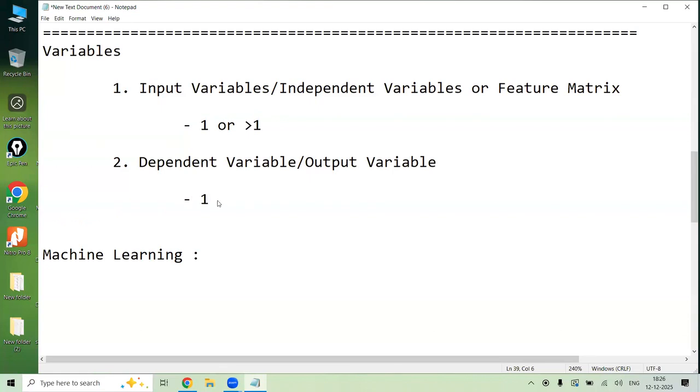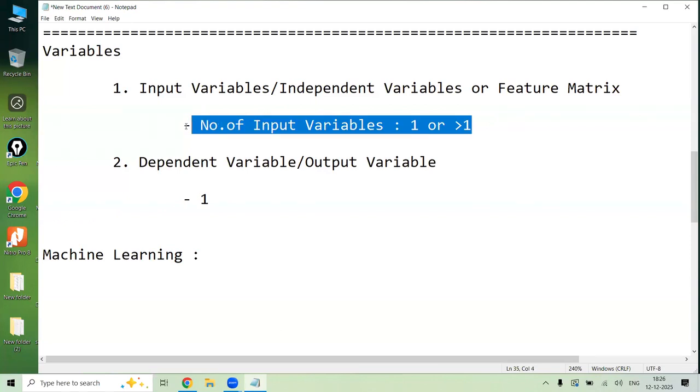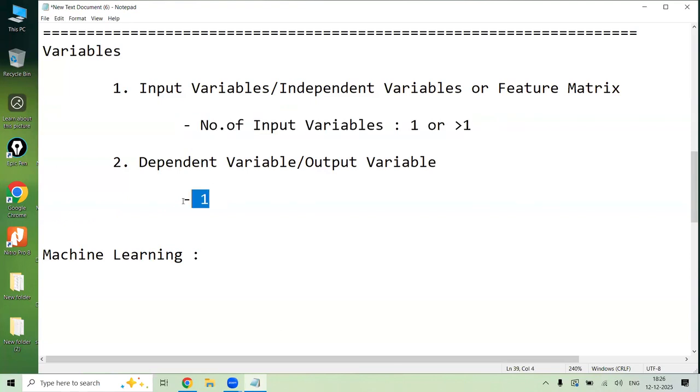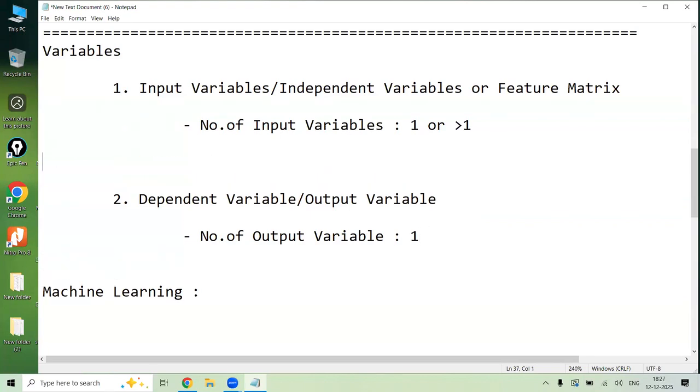The number of input variables is one or more than one. Similarly, the number of output variables will be exactly equal to 1. It cannot be more than 1. Exactly 1, only 1.